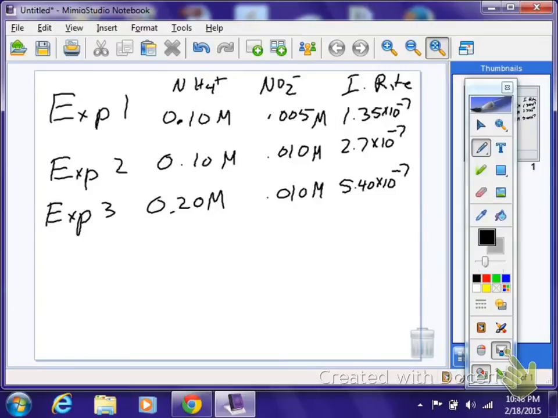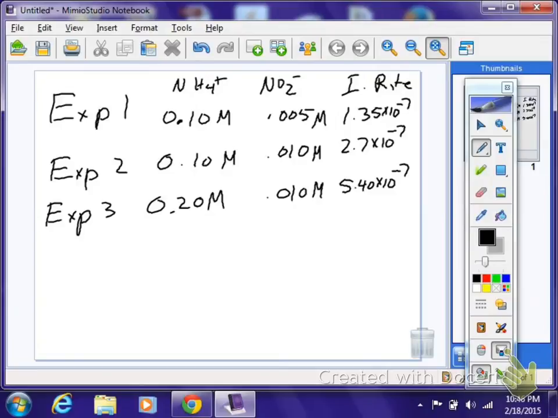So on page 561, you have a table, 12.4. It has the same as what you see right here. It has the concentration of NH4+ and the initial concentration of NO2-.